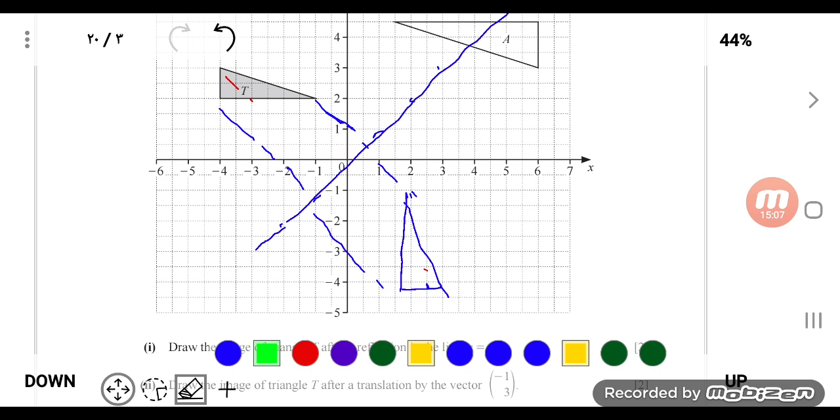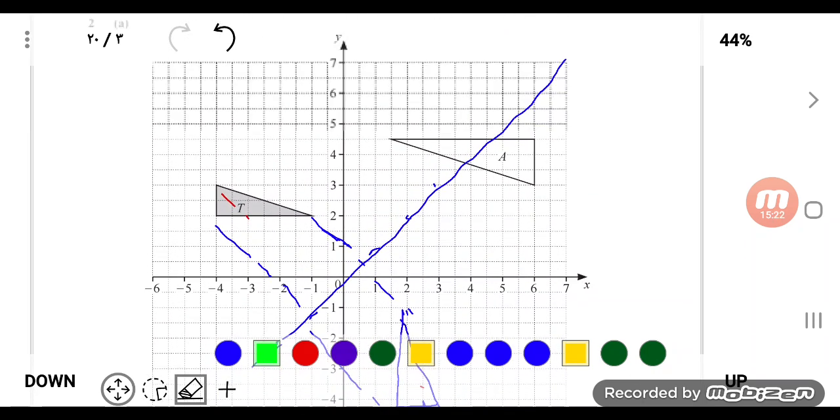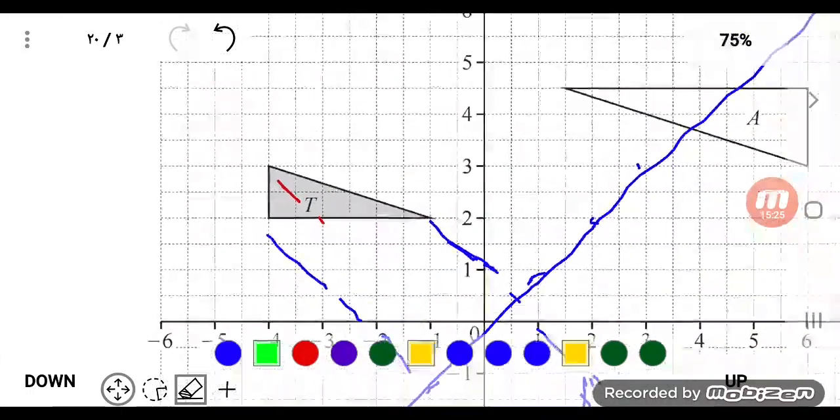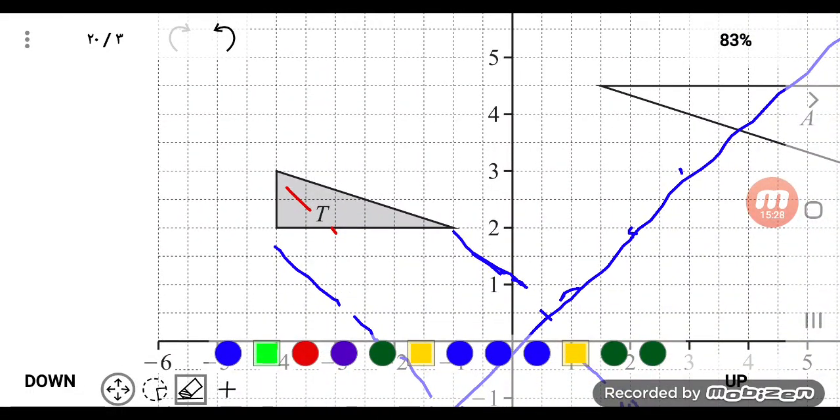Now let's see the next question. Draw the image of triangle T after translation by vector -1, 3. Vector -1, 3 means take it 1 to the left, 3 up. So you have to do each point 1 to the left, 3 up. Be careful with the scale, each 2 squares is 1 unit. So -1 here, 3, you count 1, 2, 3.